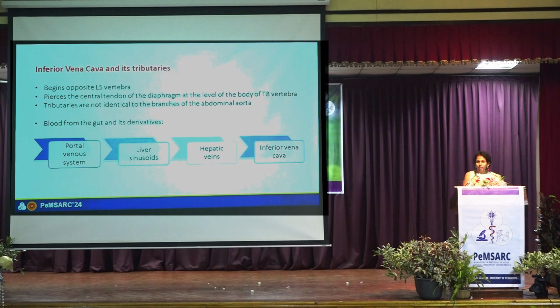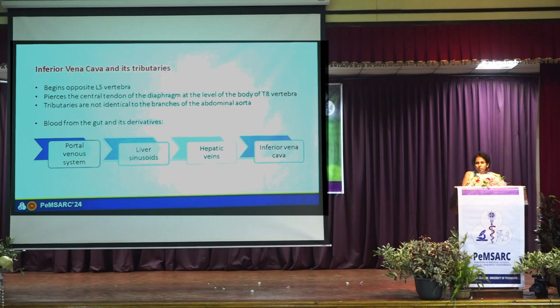Okay, but here that is different. Tributaries of the inferior vena cava are not identical to the branches of the abdominal aorta. Why is that? Because the blood from the gut and its derivatives is collected from the portal venous system. So that is the difference.